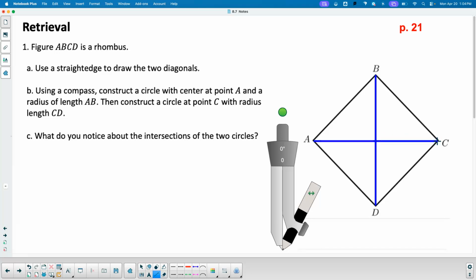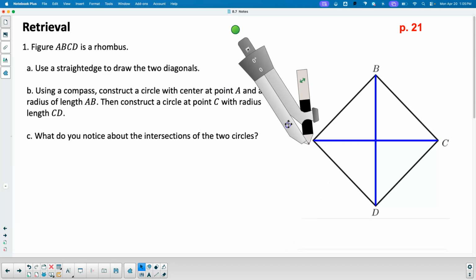Oops, I'm off. Okay. Using a compass, construct a circle with the center at point A. So the pointy end goes at A, okay? And then we extend it out to B, right?